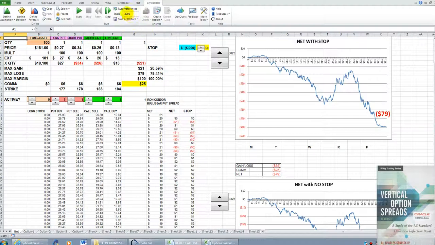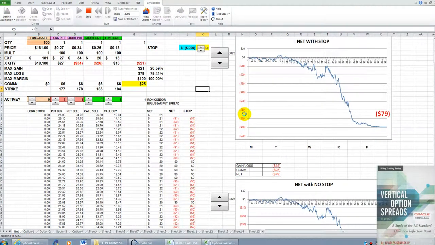So I've set this up here to 3,000. And let's run this trade 3,000 times with the assumptions that we have and set ourselves up a probability distribution using Oracle's Crystal Ball. So I click the start key there.